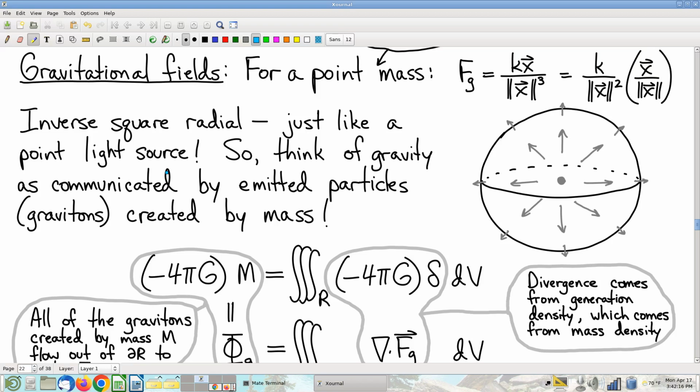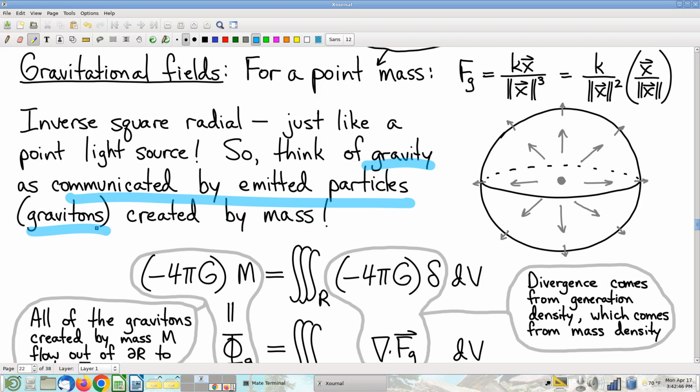There is a speculation, and I'm not going to comment on how well believed this is, because for one thing, I'm not an expert in this area, and for another thing, it doesn't matter to what we're doing. But there is a physical theory that gravity is actually communicated by emitted particles, just like photons are what communicates light. That there are little particles called gravitons that communicate gravity.